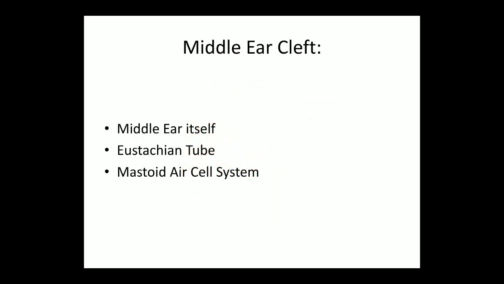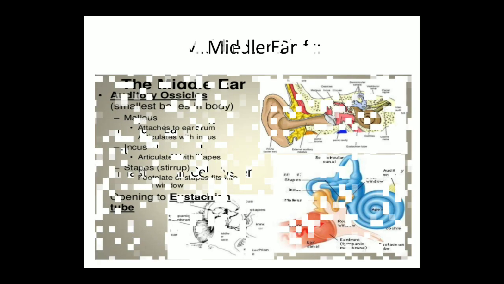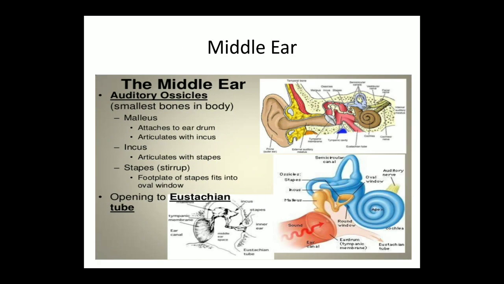We are going to discuss the middle ear cleft. It comprises three parts: middle ear itself, Eustachian tube, and mastoid air cells. So first we are going to discuss the Eustachian tube. The Eustachian tube is 3.75 centimeters long in adults and is bony at the posterior one-third and cartilaginous at the anterior two-thirds of the length.